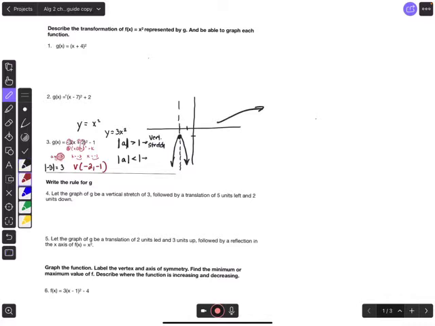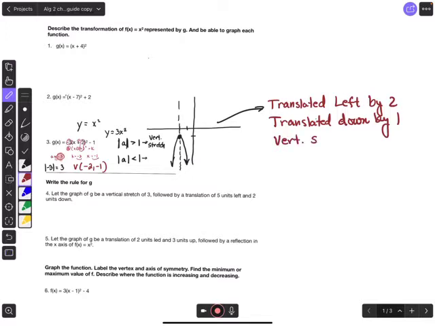So if we were answering this question, to make sure we understand how to answer it, we'd say translated left by 2, translated down by 1, and vertical stretch by a factor of 3, and reflected, remember that's what the negative sign does, over the x-axis.